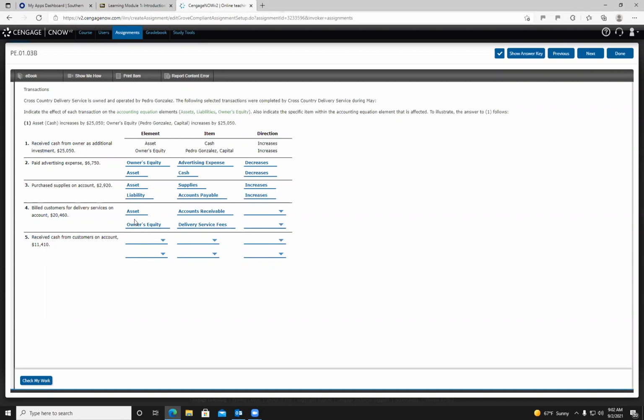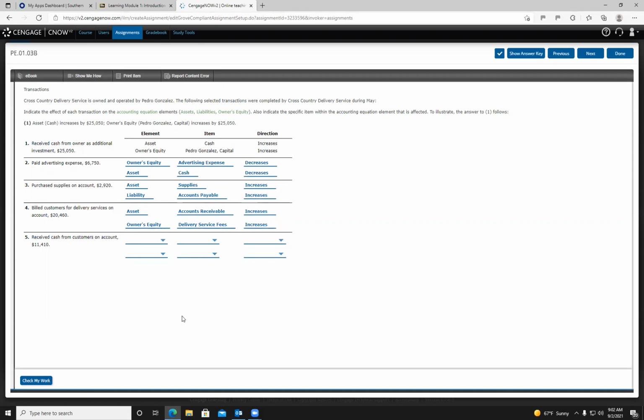So again, we've affected our asset by creating a receivable, and we've affected our owner's equity by recording revenue, specifically service fees. And what are we doing with both of them? We're actually increasing both of them. We've increased our assets by creating a receivable, and we've increased our revenue by recording it to our service fees.